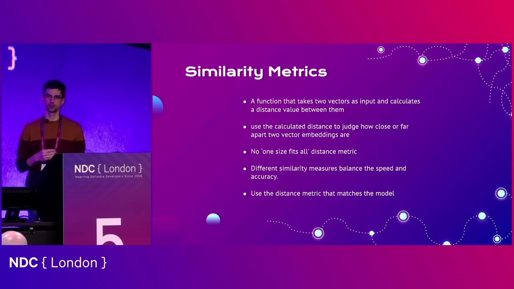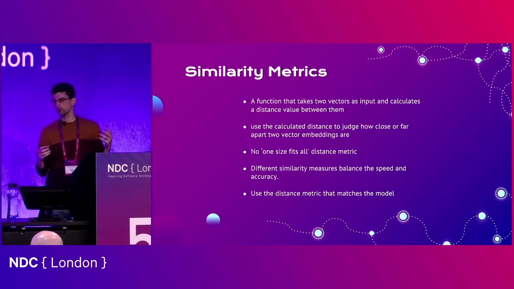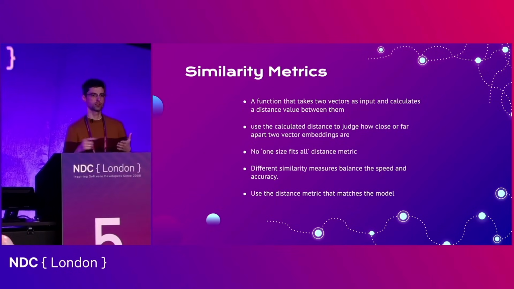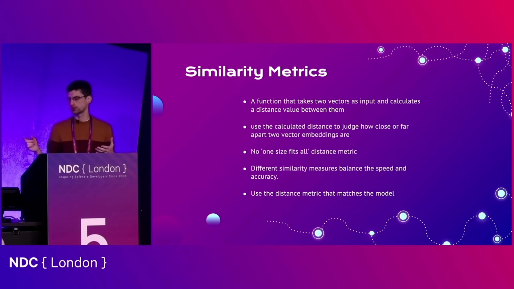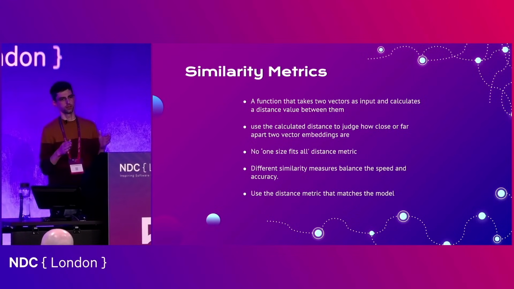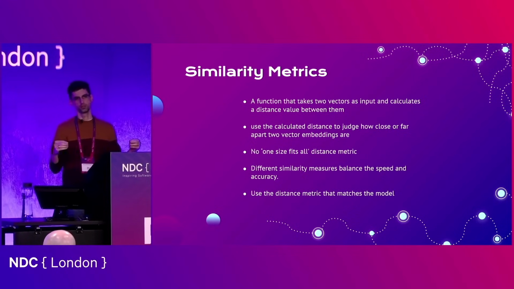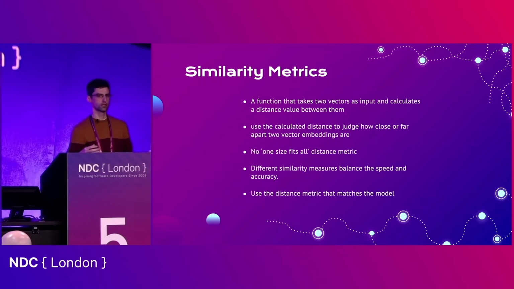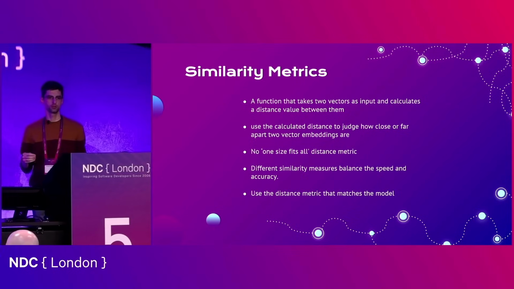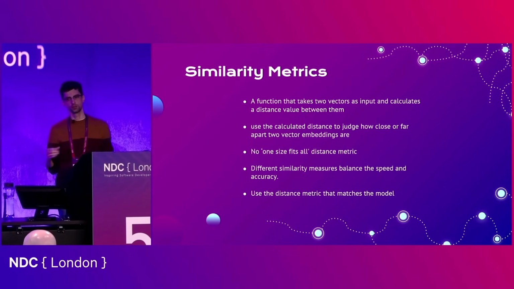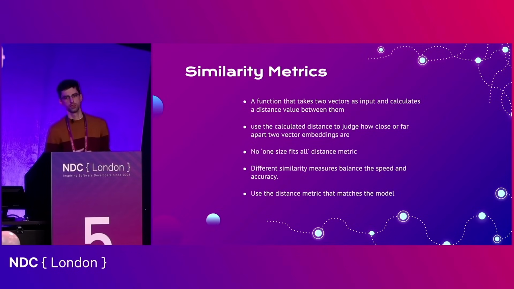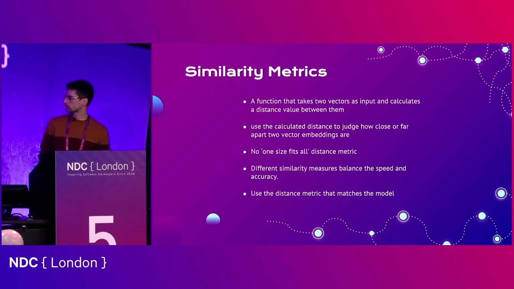If we take two different fruits, generate vector embeddings from them, and calculate the distance between these two vectors, we will see that the distance is smaller. And if we take two unrelated terms, generate vector embeddings and measure the distance between them, we will have a larger distance compared to the two fruits, because these two items are not related to each other.